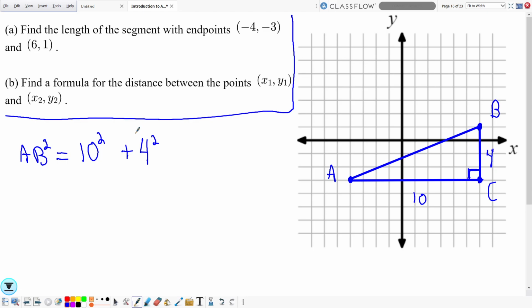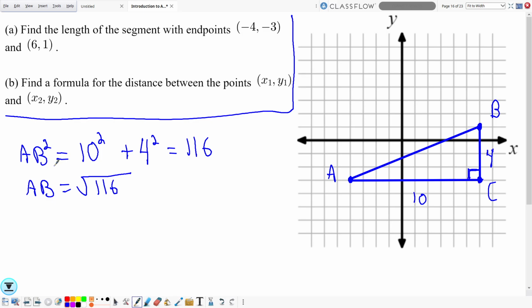But whenever you see a right triangle, you should pretty much always think Pythagorean theorem or SOHCAHTOA or one of those things. But in this case, we're just going to use the Pythagorean theorem. So, okay, 10 squared is 100, and 4 squared is 16, so that's 116. So AB squared is 116, which means that AB is equal to the square root of 116. And again, if you're not understanding why I just got the square root, just go back and watch Pythagorean theorem videos. It covers all that.